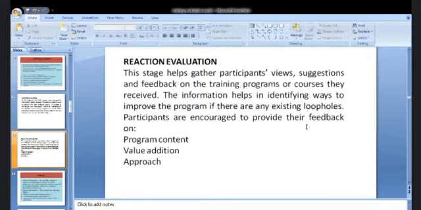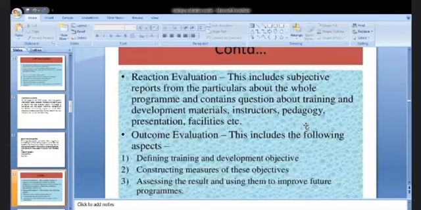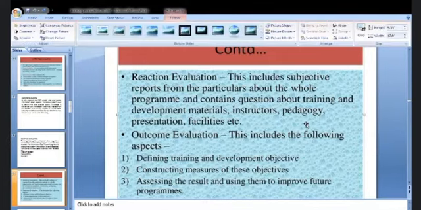This includes subjective reports from the participants about the whole program. It contains questions about training and developmental materials, instructions, methods used, the presentation facilities, etc. That is the reaction evaluation, students.